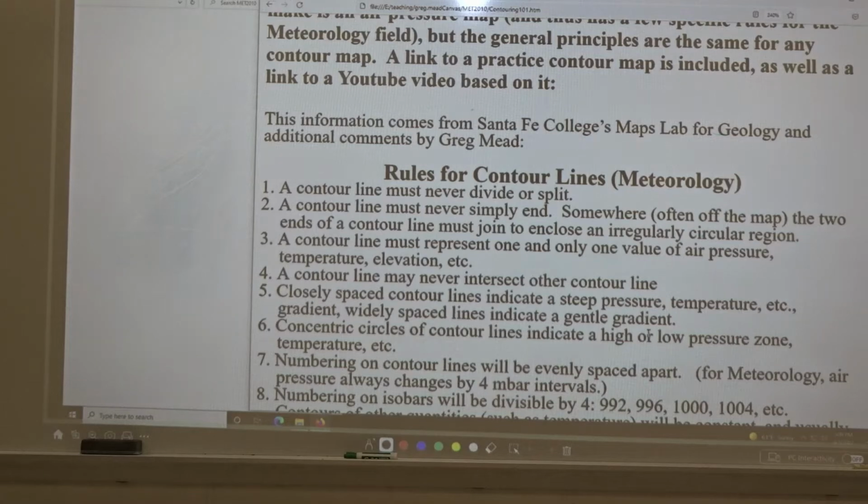Number five, closely spaced contour lines indicate a steep, in the case of air pressure, pressure gradient. If they're widely spaced, that indicates a gentle gradient.